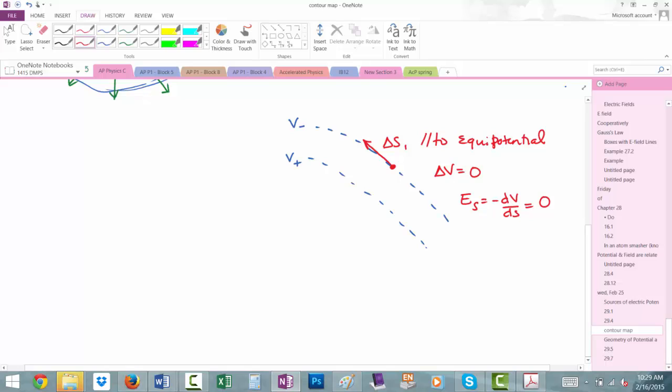So when you're drawing electric field lines relative to potentials, this is why no electric field is going to go parallel to an equipotential. If you look at the piece that's going perpendicular, we'll call that delta S2, perpendicular to the equipotential.